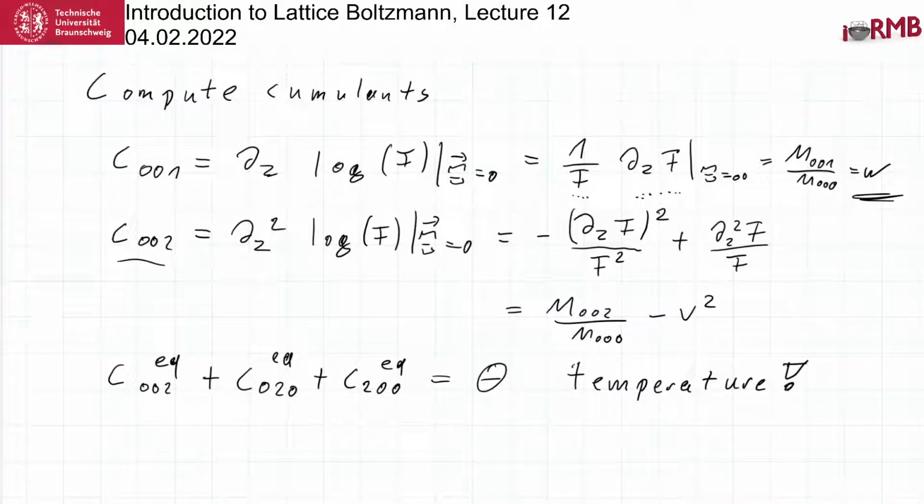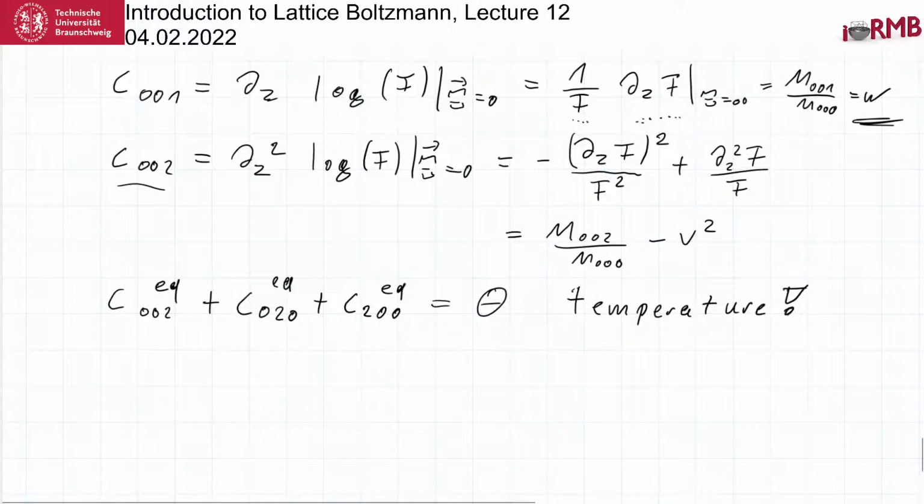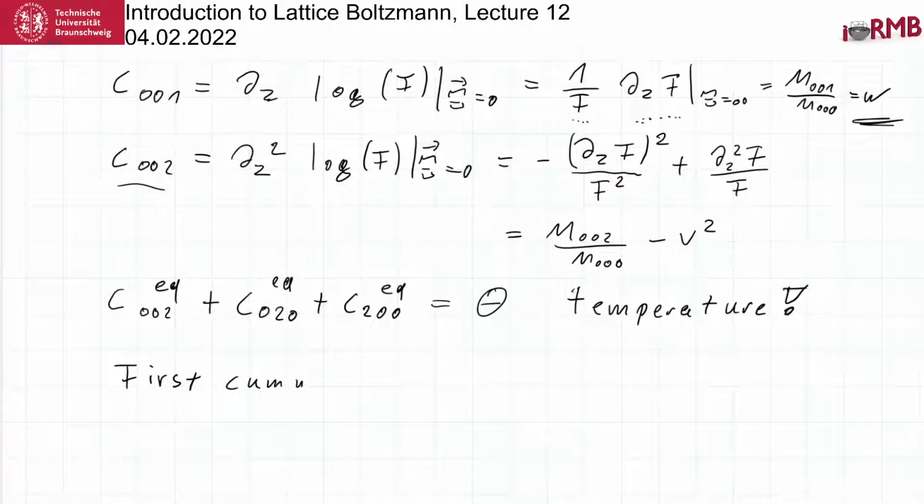So now we have something very, very interesting. Namely, we observe that the first cumulants are velocity. So the first moments have been a momentum.